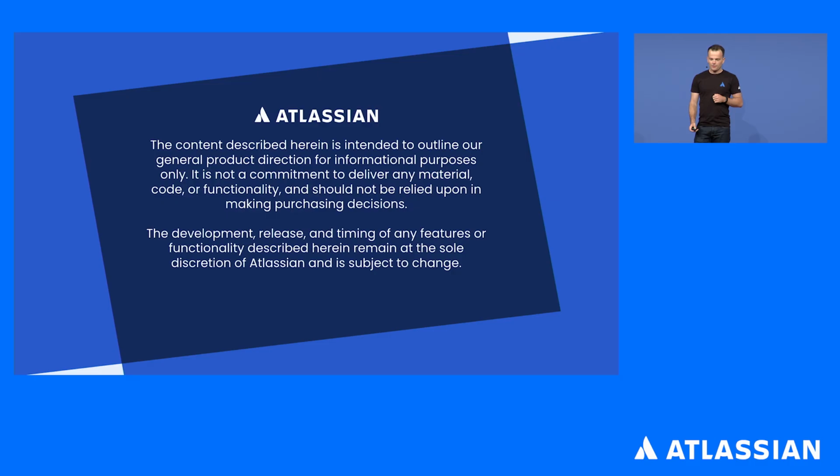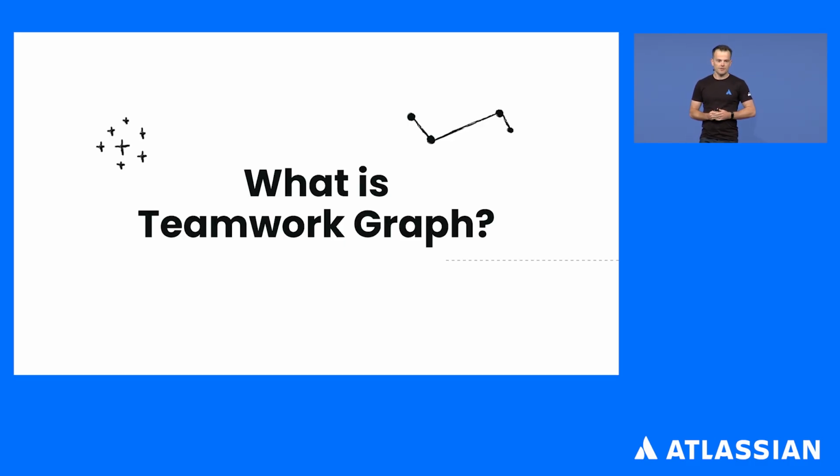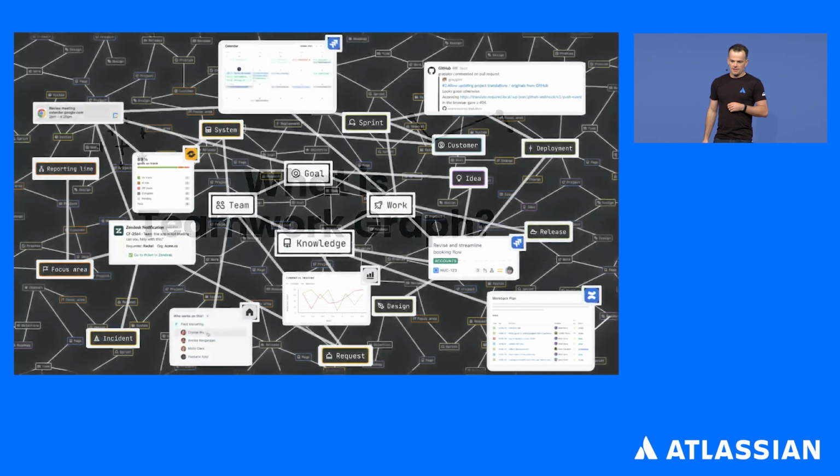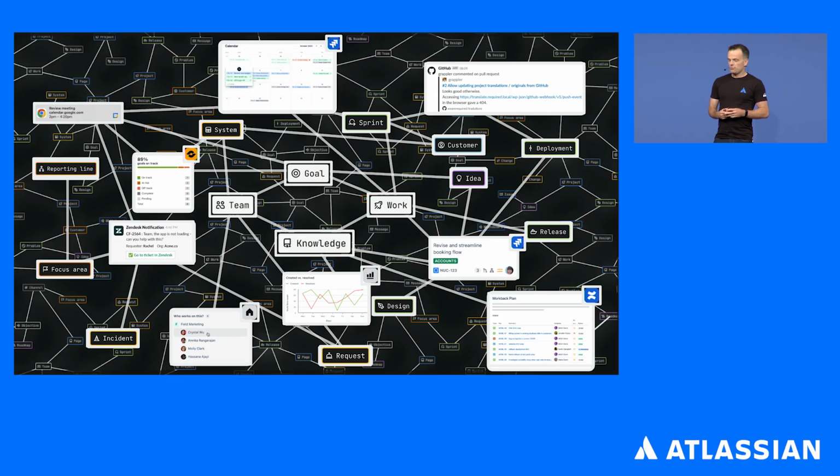I'll be relatively quick, but I want to give a bit of context on the Teamwork Graph itself and why we're investing in Forge connectors. Put simply, the Teamwork Graph is the connected data intelligence layer for the Atlassian Cloud. We know that our customers, especially our enterprise customers, use hundreds of different applications, services, and solutions to get work done.